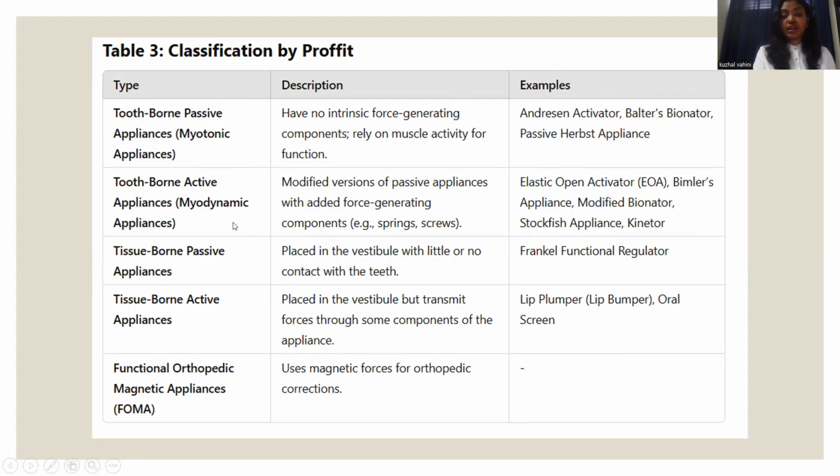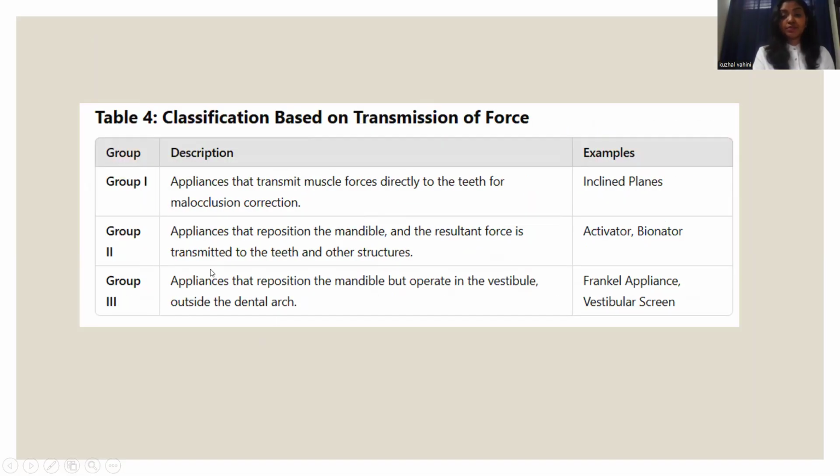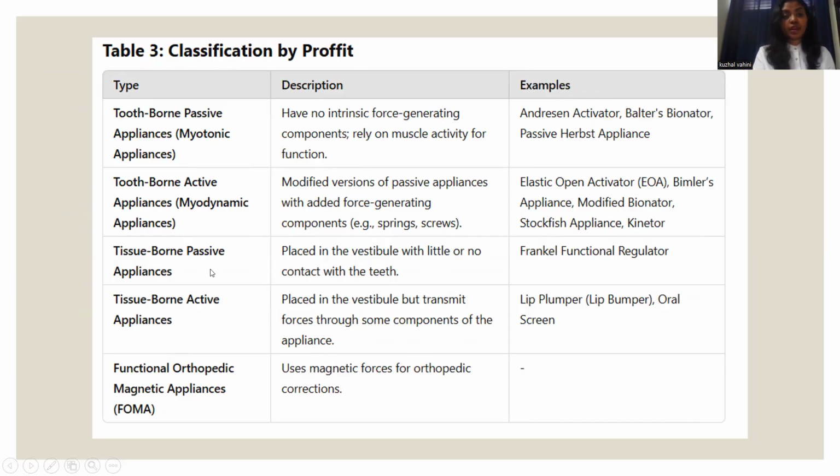In myodynamic appliances, we have the elastic open activator, Bimler's appliance, and modified bionator. In tissue-borne passive appliances, we have the Frankel functional regulators. In tissue-borne active appliances, we have the lip bumper and oral screen. So this is the classification given by Proffit.